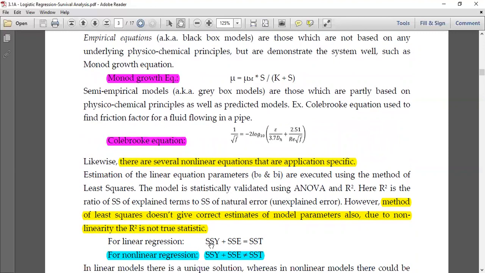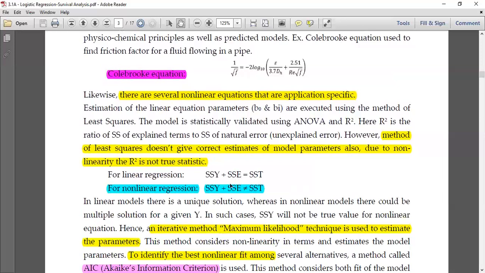Now here you can have one single fit value or multiple fit values, and a single experimental value or multiple experimental values. So in general, SSY plus SSE will not be equal to SST. Because of this, you cannot use R square as a measure. Second, the least squares method, which goes on this SSY concept, cannot be used to estimate the coefficients either.